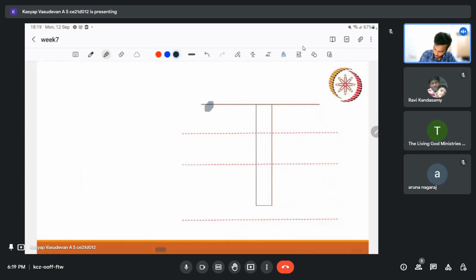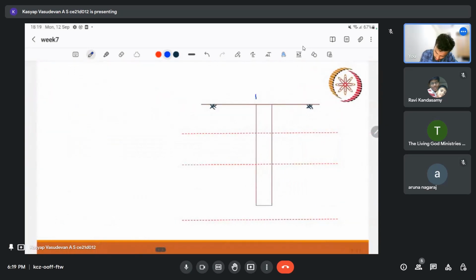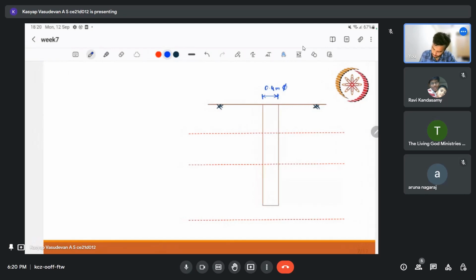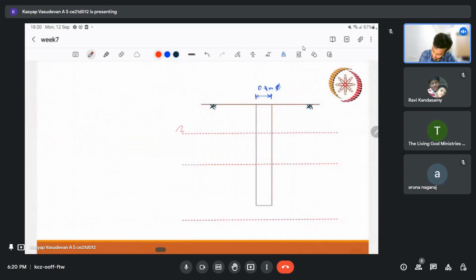We have a pile with 0.4 meter diameter, and the layers are 4, 10, and 15. So we have 4 meter, 10 meter, and 15 meter. Our length of the pile is 12 meters.